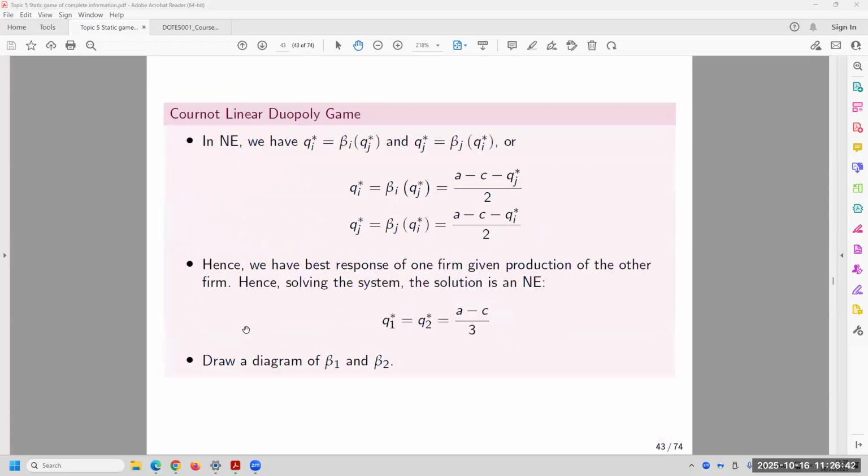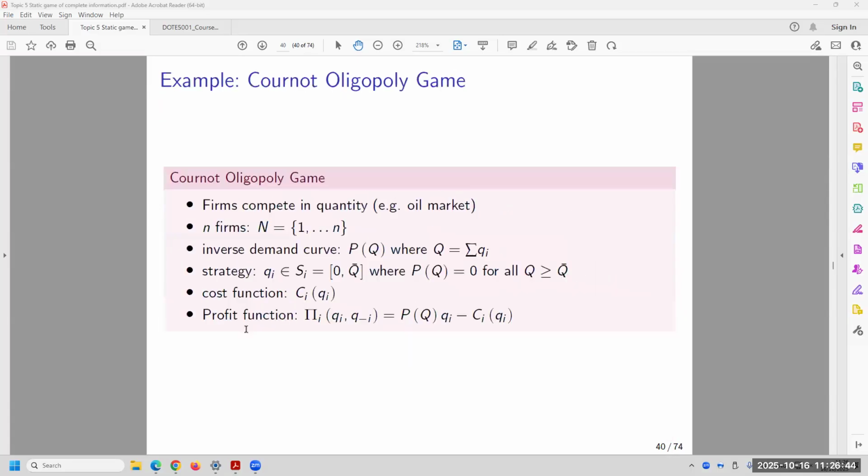Let me give a quick example, then we have a break. I have a Cournot oligopoly with N firms and an inverse demand. Strategy is choosing quantity from 0 to Q bar, where Q bar means P of Q bar is 0.